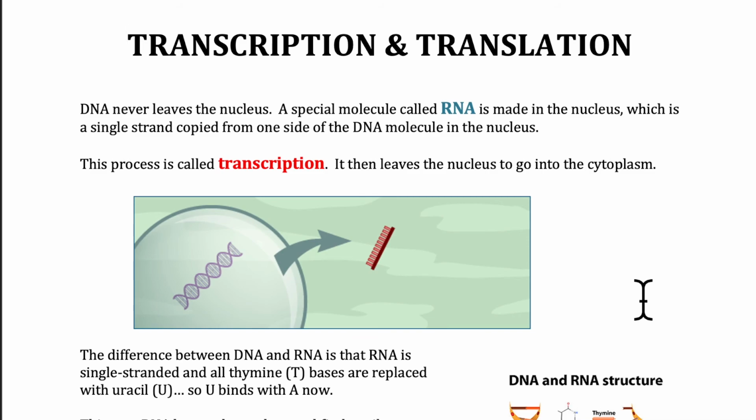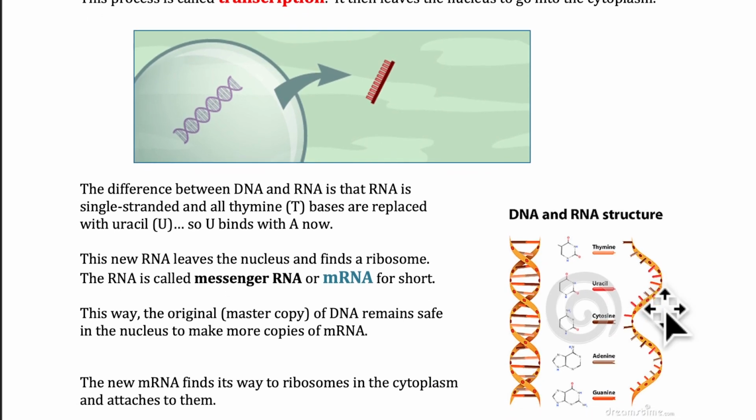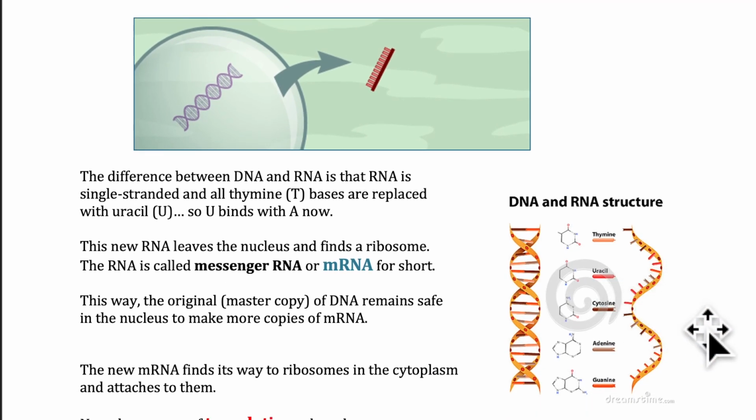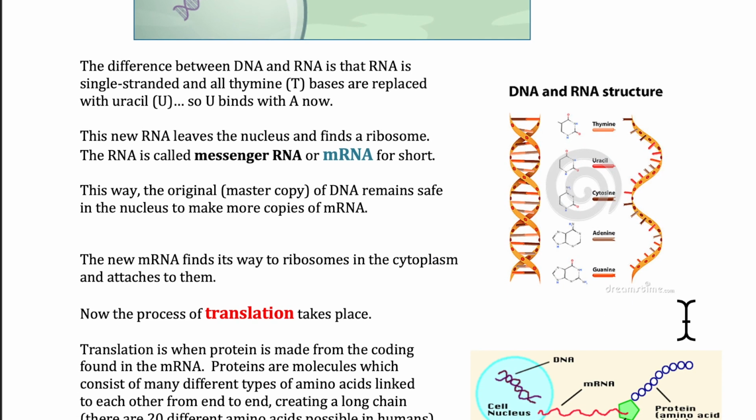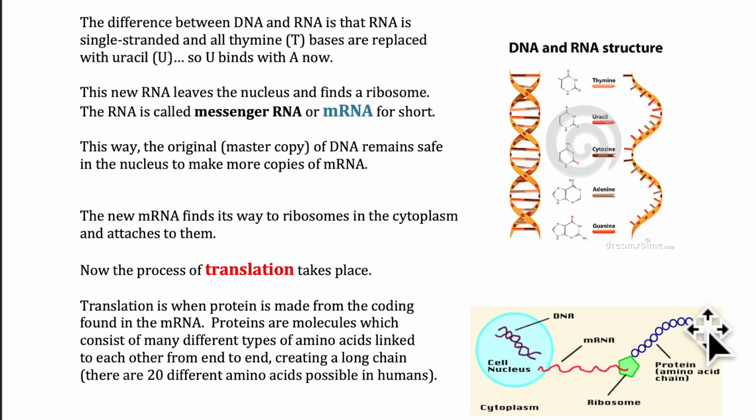The difference between DNA and RNA is that RNA is single-stranded, and all the thymine T bases are replaced with the U bases. U means uracil. So now U, uracil, is now binding with A, adenine. So this new RNA leaves the nucleus and finds a ribosome. The RNA is called messenger RNA, or mRNA for short.